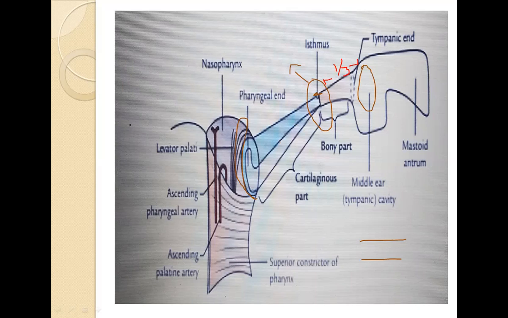So consider this to be the tube, and this part is the superior part, and the inner part is what is called the medial part. These superior and medial parts are contributed by a triangular elastic fibrocartilage, and the base and the lateral part is contributed by a thin fibrous membrane. So this is a point to be noted regarding the cartilaginous part of the auditory tube.